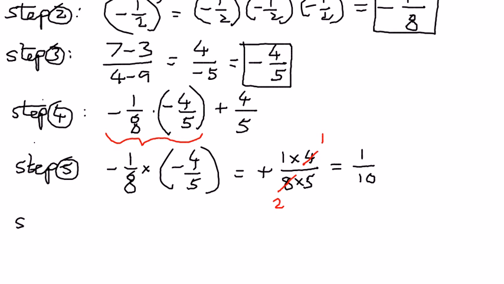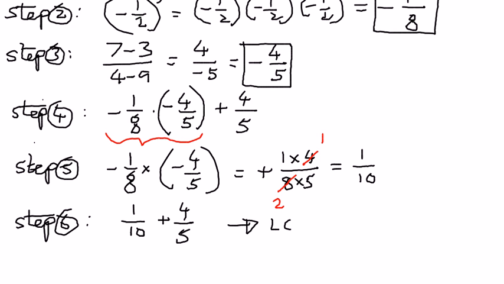Now, in step number 6, we're going to take that 1 over 10 and then add it to 4 over 5. Now we want a common denominator for 10 and 5. We want to find the least common multiple for the numbers 10 and 5. So how do we do that?